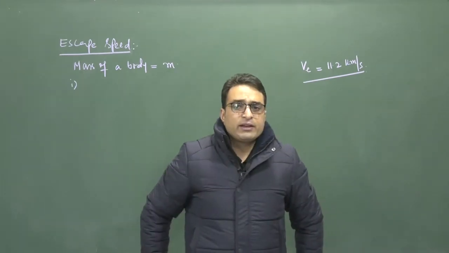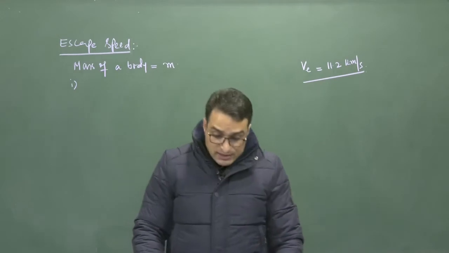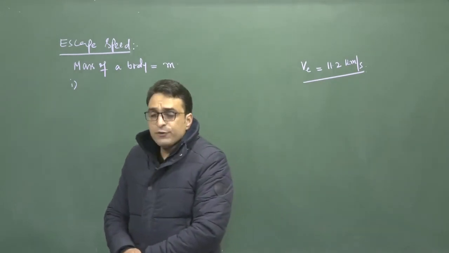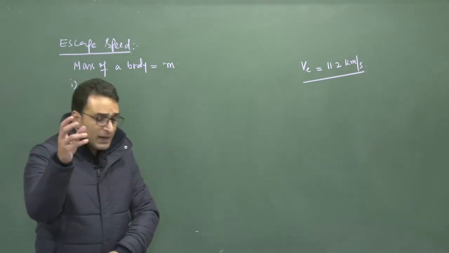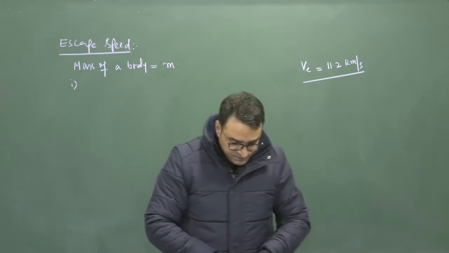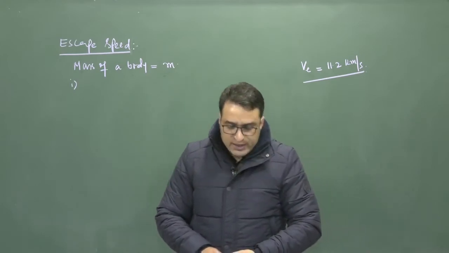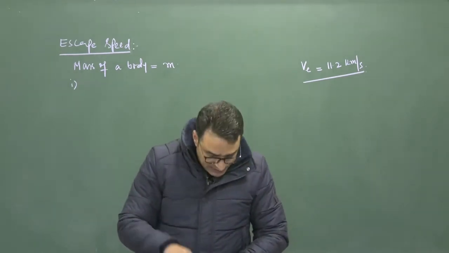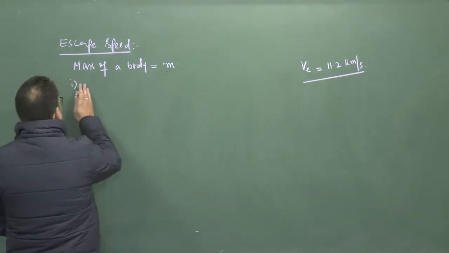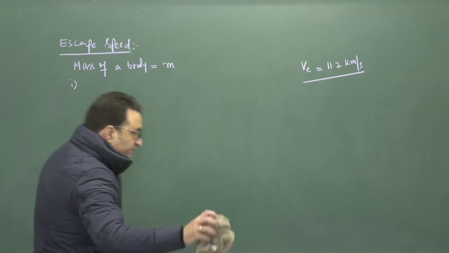Since the gravitational force is conservative in nature, therefore the mechanical energy of mass m, this small m, is conserved when mass m is thrown with an escape speed ve. I will write this.